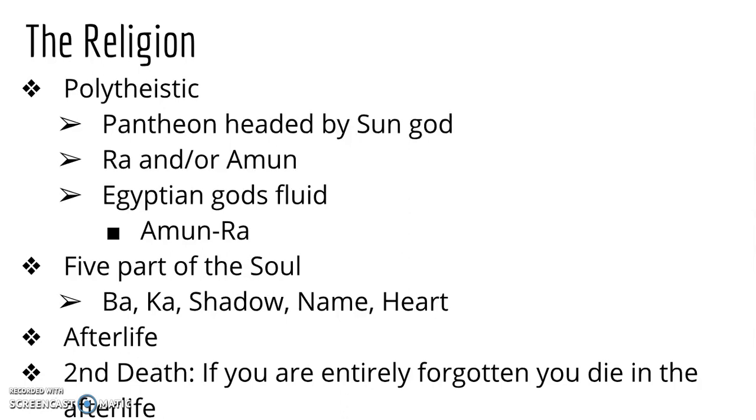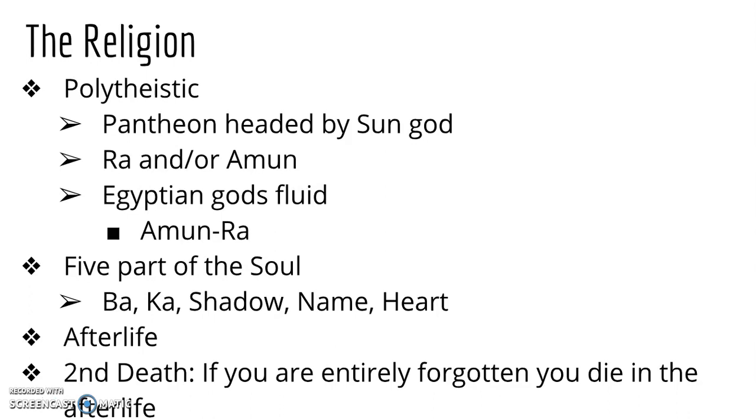So at certain points we hear references to Amun-Ra, but in others we hear references to Ra-Harakhty. So there is a certain degree of fluidity. So these gods could often be meshed together or taken apart, depending on the state of the religion at the time. So that's a rather interesting component of their religiosity.